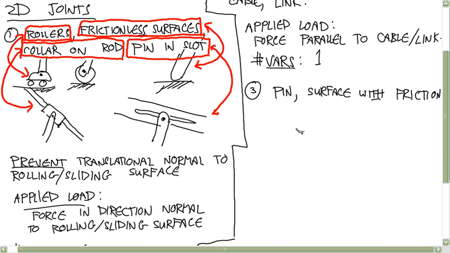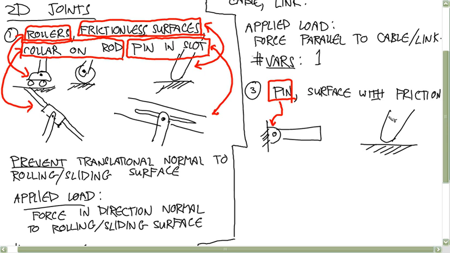So the pin joint will look something like that, we saw one of those already. Surface with friction, it'll look just the same as a surface without friction. It'll just say in the problem that you have to worry about friction in this case.